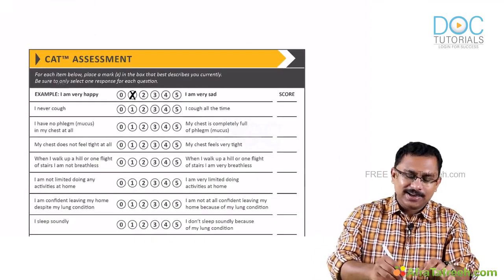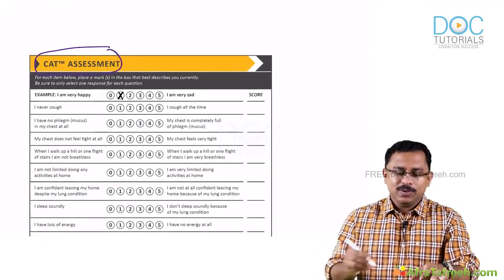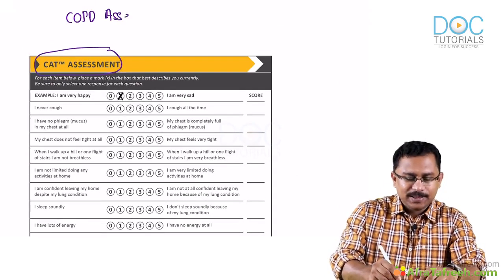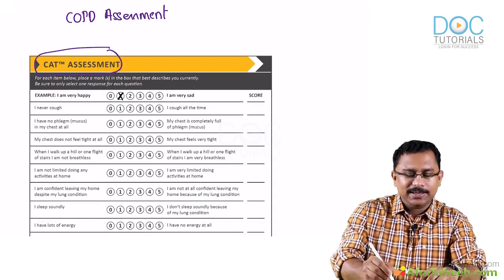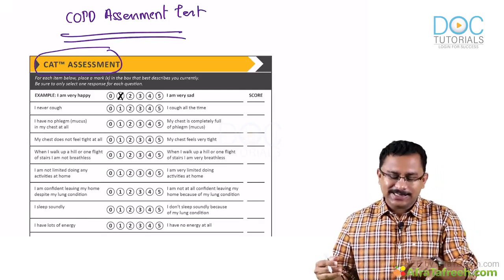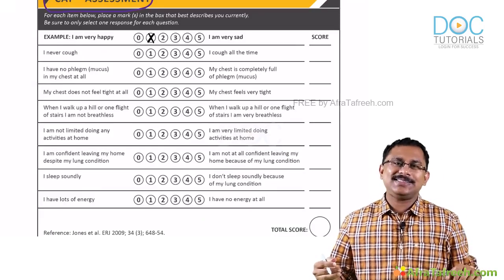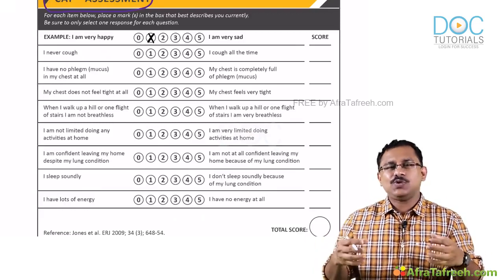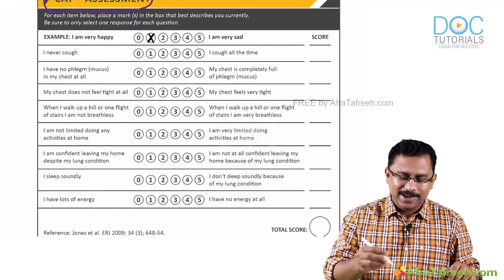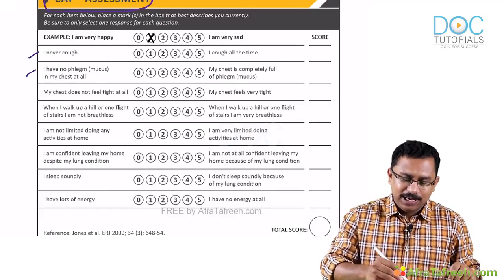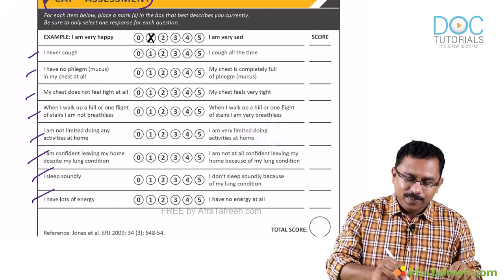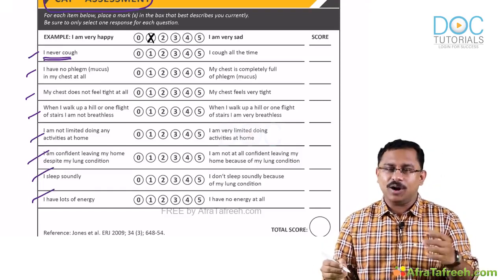The other one is the CAT assessment, which is the COPD assessment test. It's again a questionnaire where the patient is asked to put scores for himself. I'll tell you one example. We have 8 parameters here. For example, there is one parameter regarding cough.